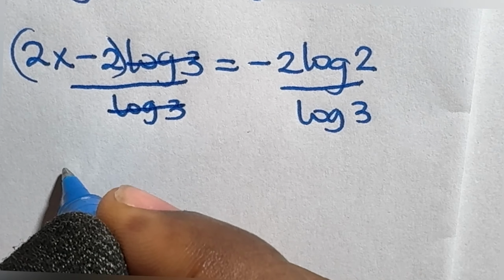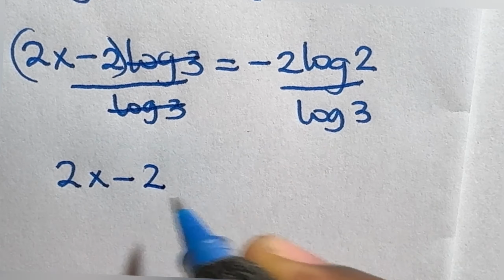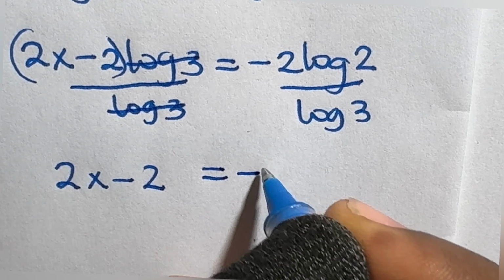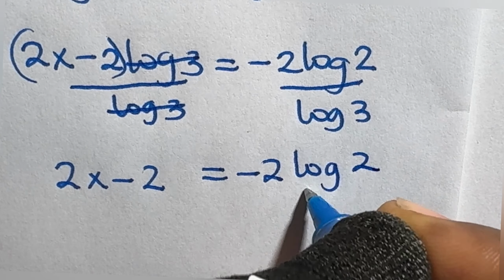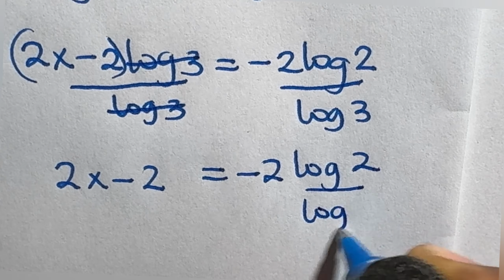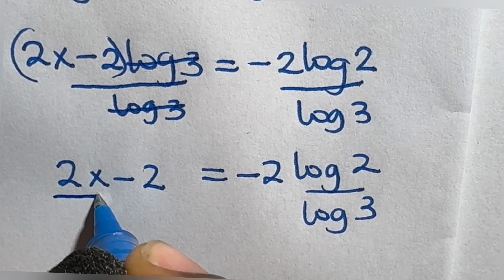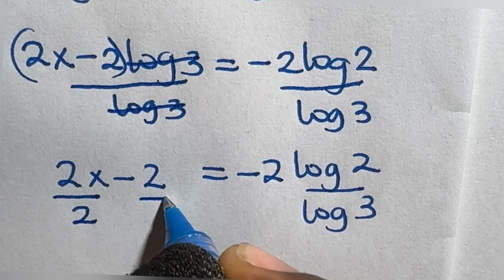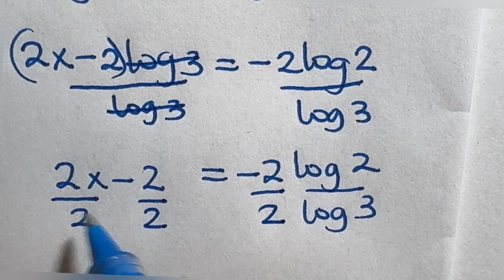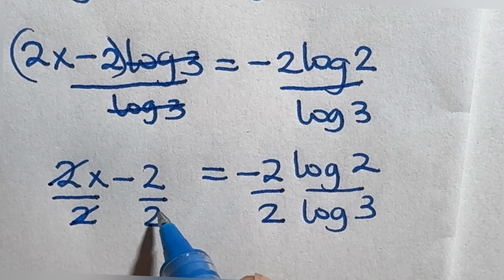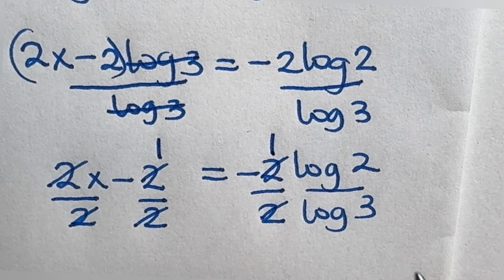I have 2x minus 2 is equal to negative 2 log 2 divided by log 3. If I divide through by 2, this takes care of this, turns this to 1, and this turns this to 1 as well.